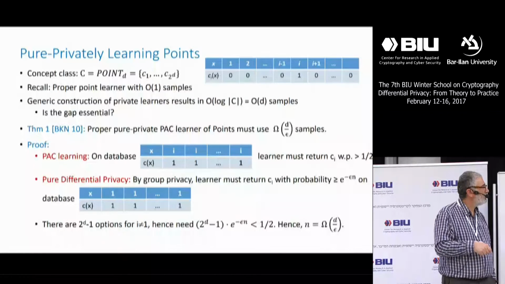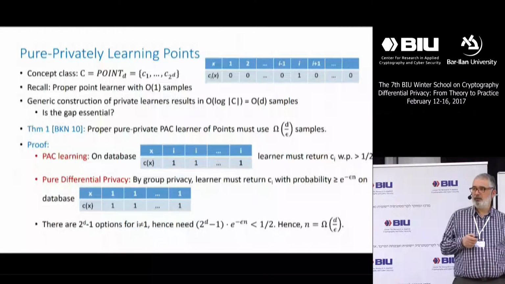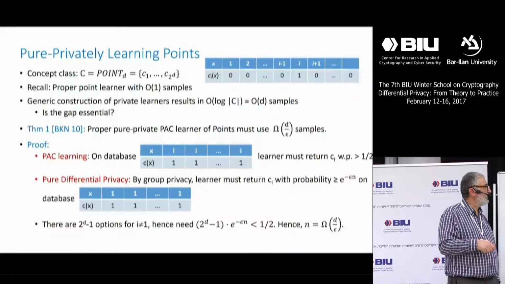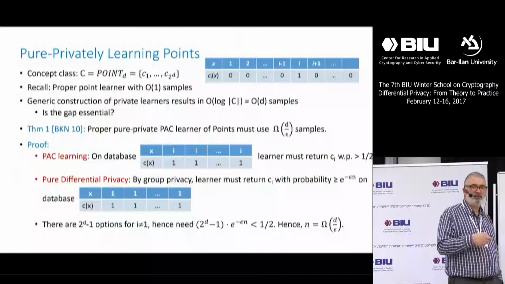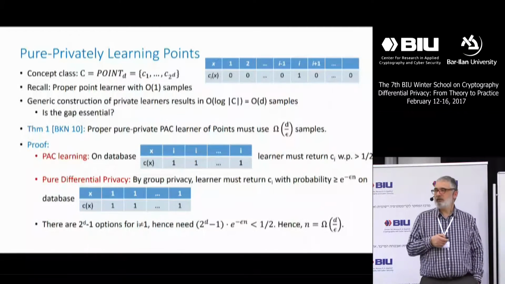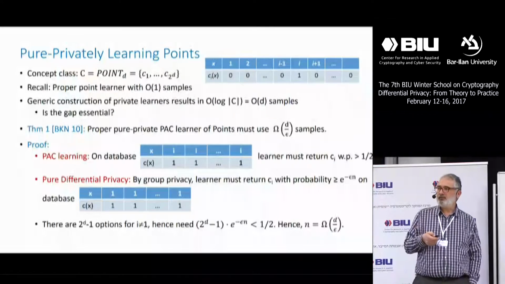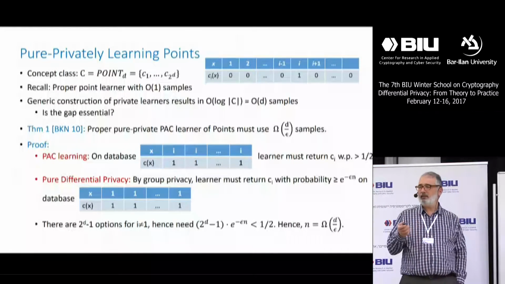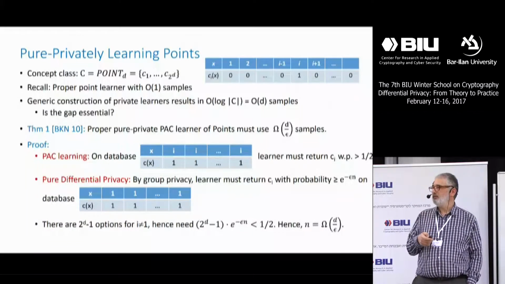And remember that this is proved only for the proper case, so we insist on outputting a point function, and for pure differentially private learners. We'll look into these two things and see what happens when we relax these requirements. Can we gain by having a non-zero delta, and can we gain by allowing the learner to output something that is not a point function?